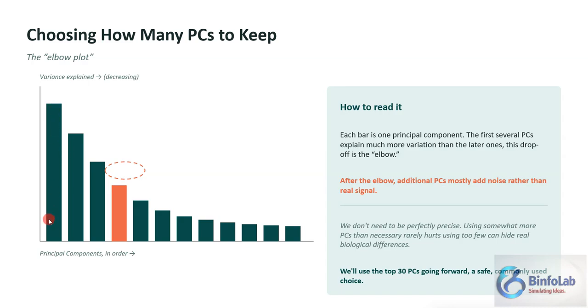Each bar denotes a single PC. This is the first PC, this is the second, this is the third, the orange one is the fourth, and fifth, sixth, and so on. The difference between the first and the second is too much. The second and the third is too much. The first and the third, too much. The third and the fourth is almost a significant difference.